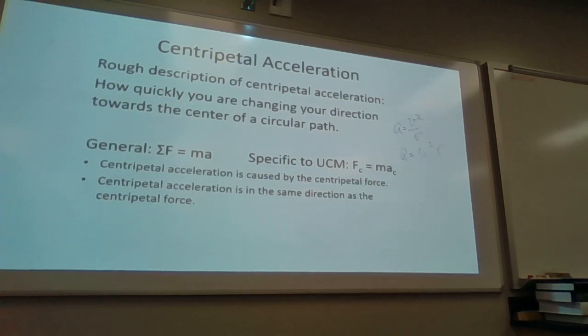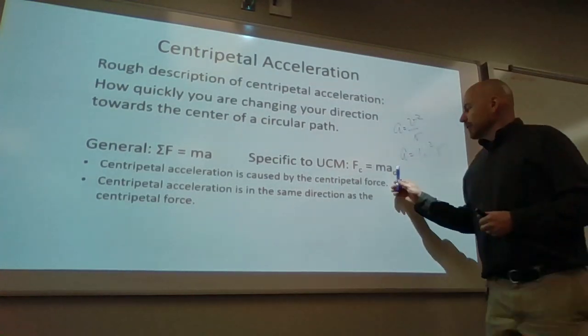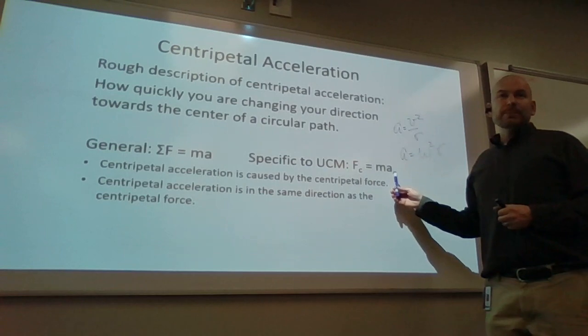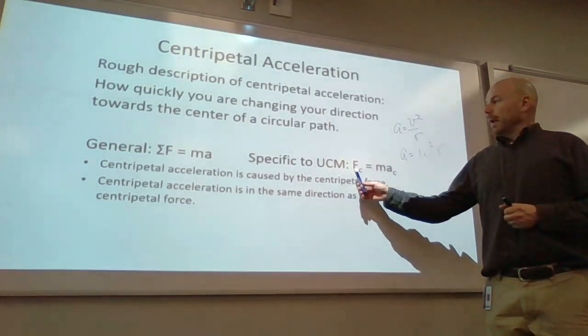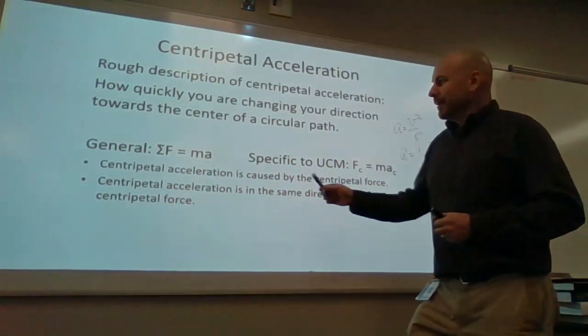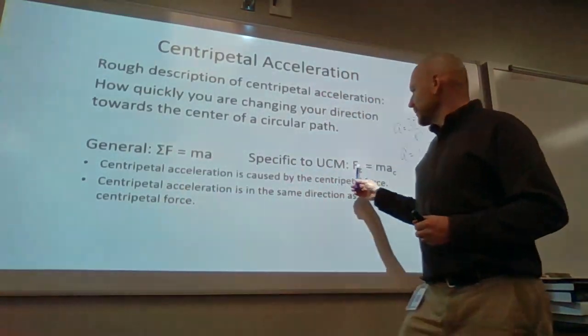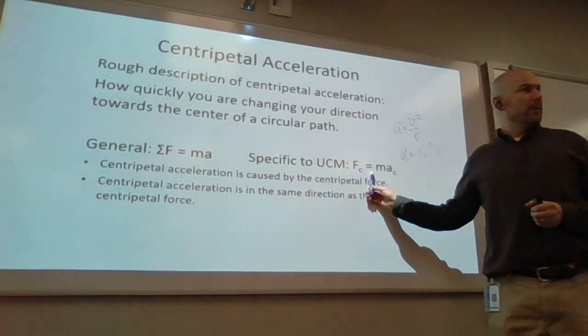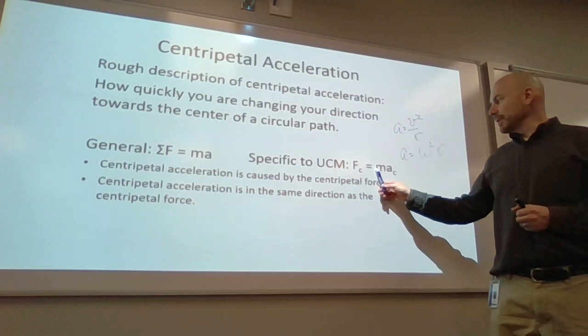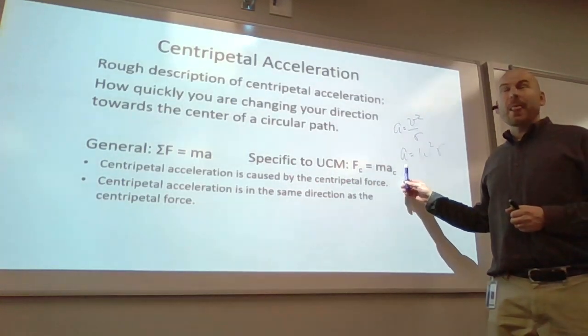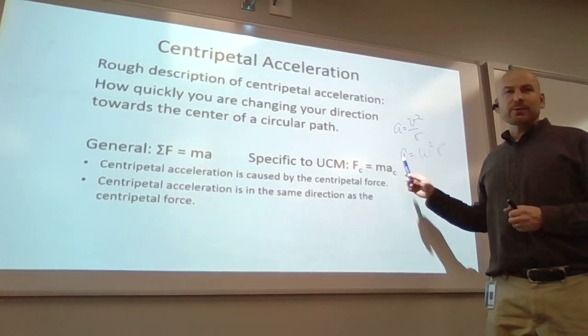Because you're changing your direction, you're still experiencing acceleration, and we have the same format as Newton's second law. It's just a special case for moving in a circular path. So centripetal force is equal to mass times centripetal acceleration.